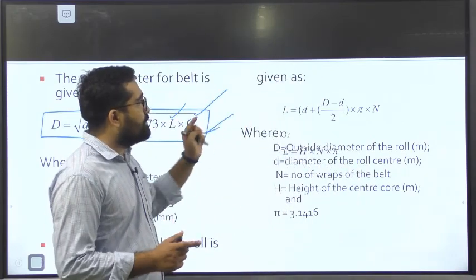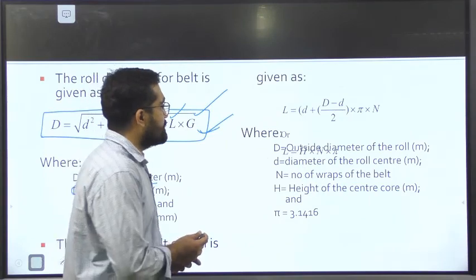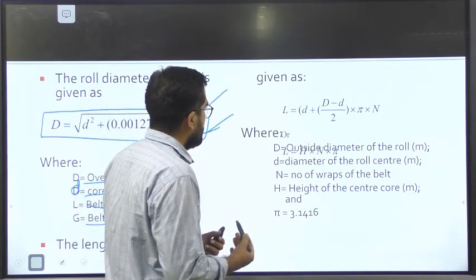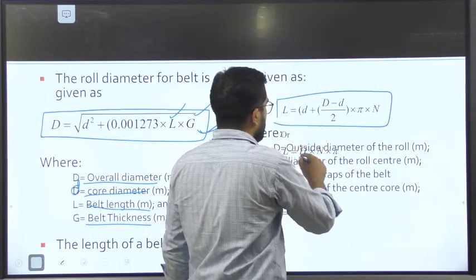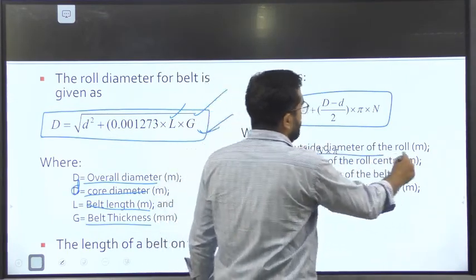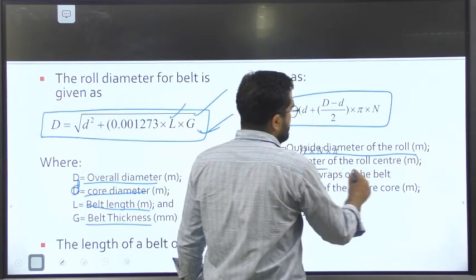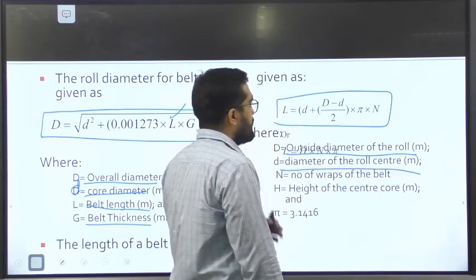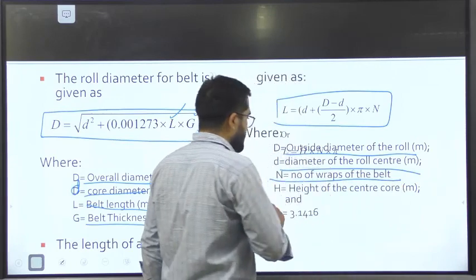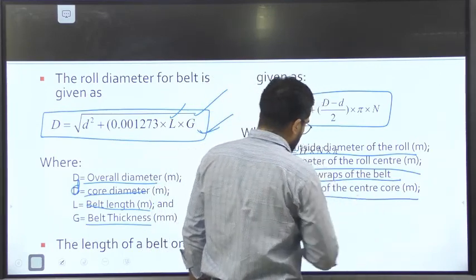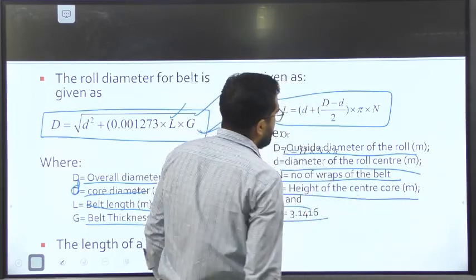For the belt length formula, this is the formula where D is the outside diameter of the rolls, small d is the diameter of the roll center, N is the number of wraps of the belt, H is the height center to center, and pi is the constant.